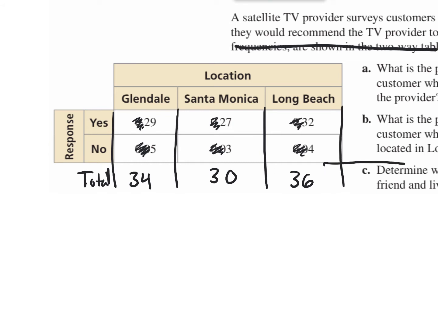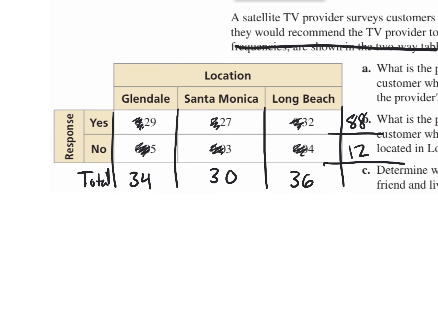So I'm also going to have a total column for yeses and for no's. So how many people total said yes? 56. So 88 people total said yes, and how many people total said no? 12.